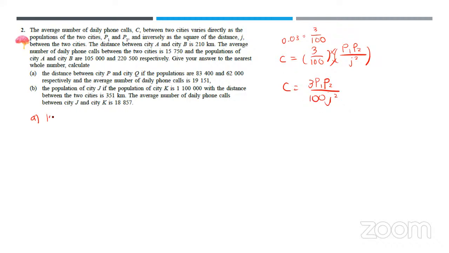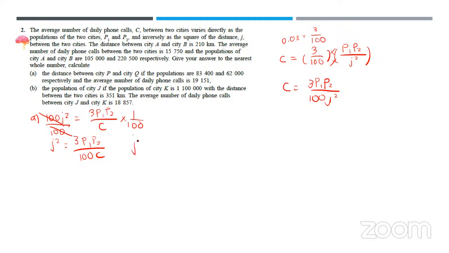So just multiply across a bit. 100J squared is equal to 3P1 P2 divided by C. Now we divide by 100 on both sides, over 100C. Multiplying by 1 over 100 is the same as dividing by 100. So this and this cancel, and then C times 100 is just 100C.